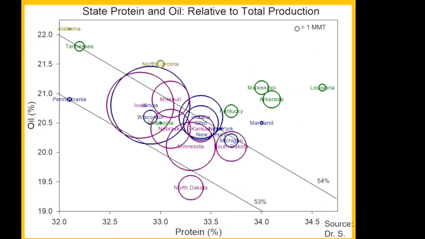My colleague, Dr. Seth Nave, always puts together some of the information for the various states. Unfortunately, if you look at the combination of oil and protein, you see that North Dakota is in the box with relatively modest protein, but very low oil.